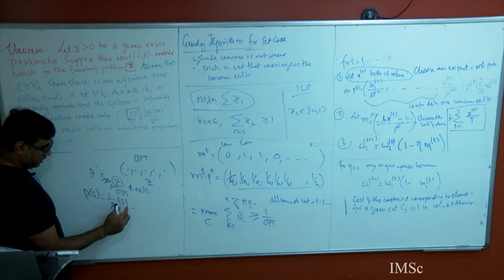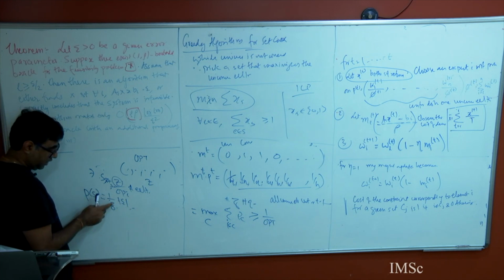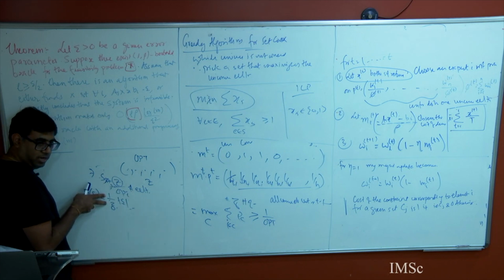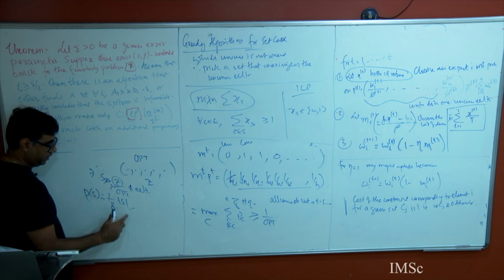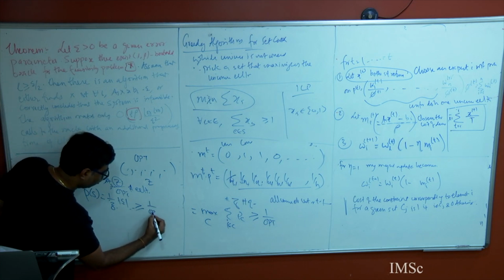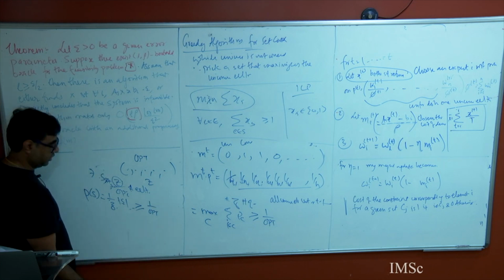There are |S| elements in that set, and the total number of elements is Z, so the probability of each element covered is 1 over Z, so this is |S| divided by Z. I want to say that this is greater than or equal to 1 over opt. This is what I want to say.